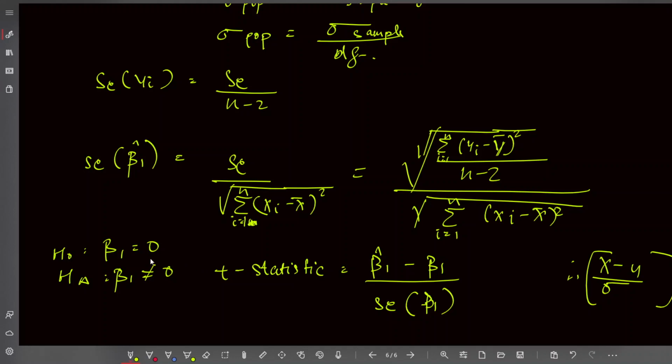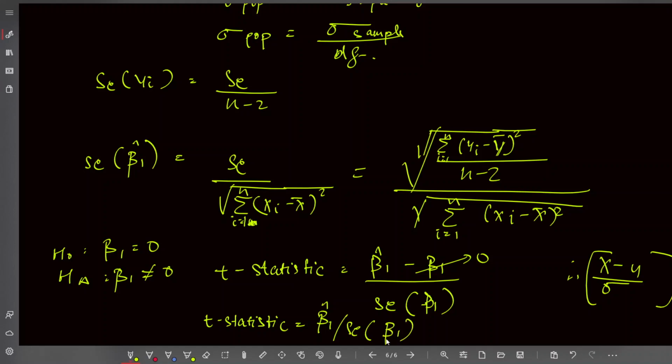Now, since we start with an assumption that the null hypothesis is true, I will consider beta 1 to be equal to 0. So ultimately, my t statistic is nothing but beta 1 hat upon standard error of beta 1. Okay, this is my t statistic.